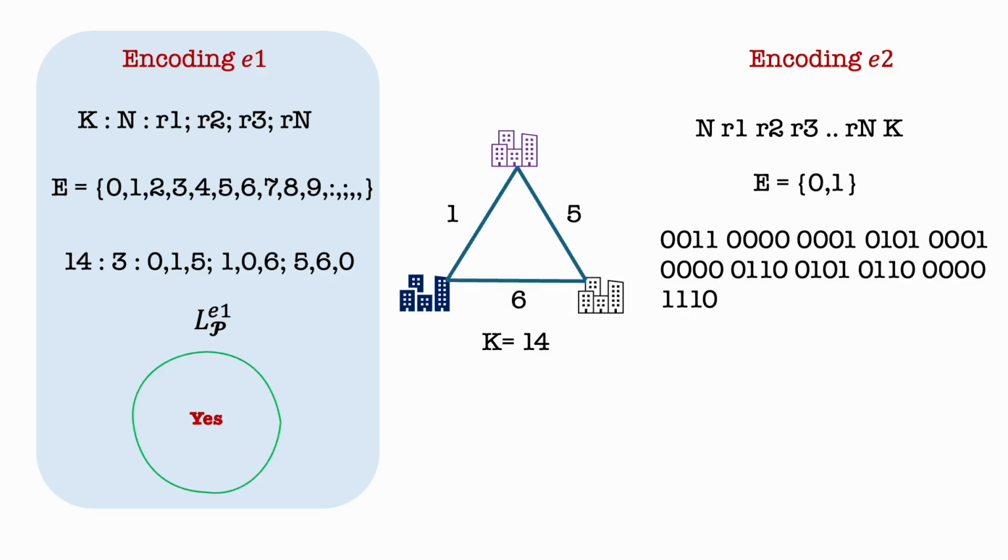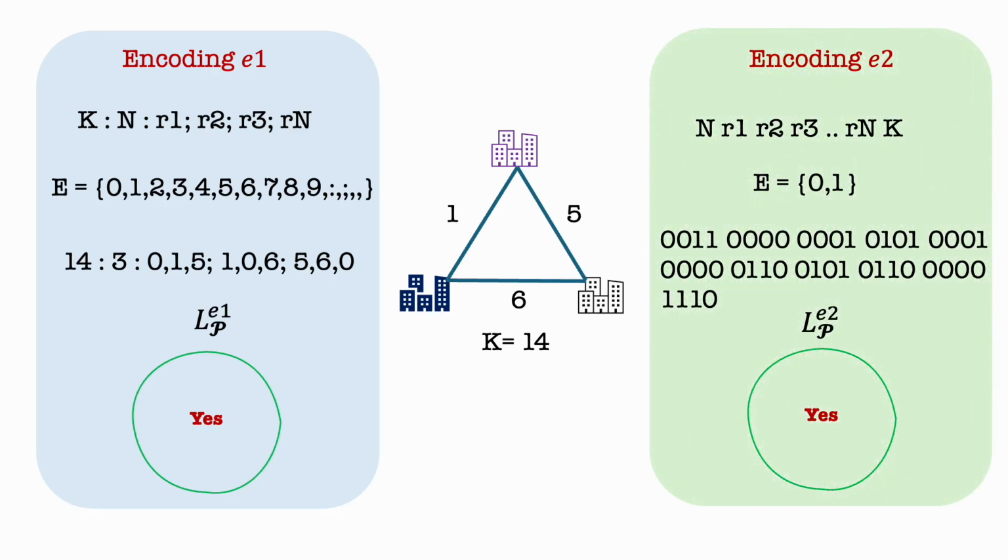Again, all strings in this scheme that represent yes instances belong to the yes language under encoding E2. So we define the language of problem P with encoding scheme E2. This completes our second encoding. This example clearly demonstrates that a single problem can have multiple valid encoding schemes, and each encoding defines a different formal language that represents the same underlying problem.